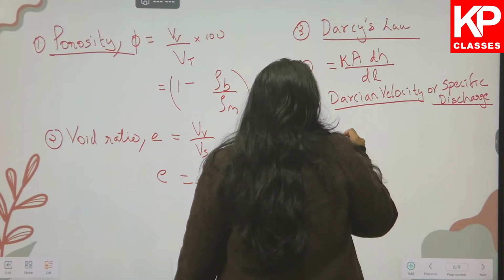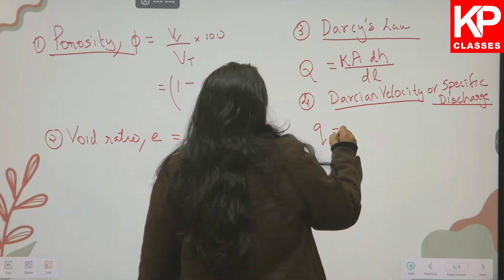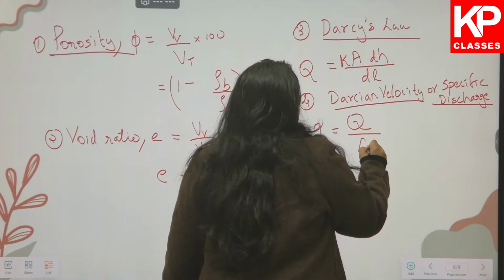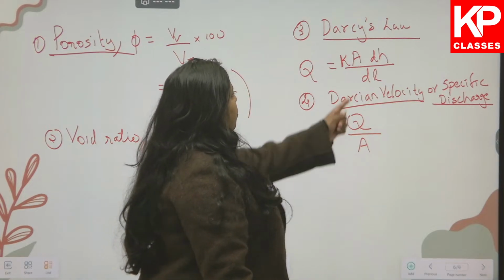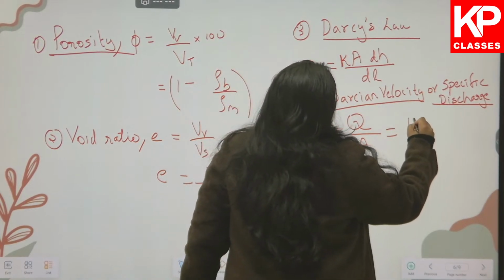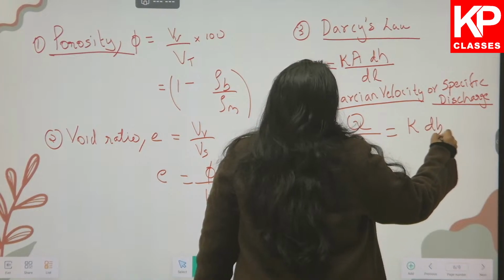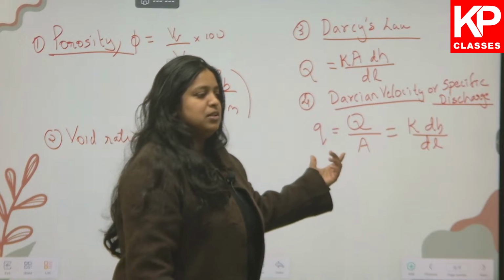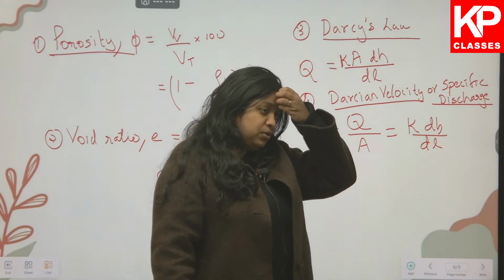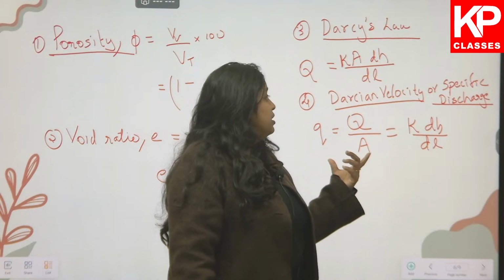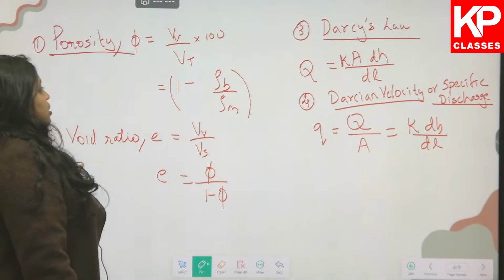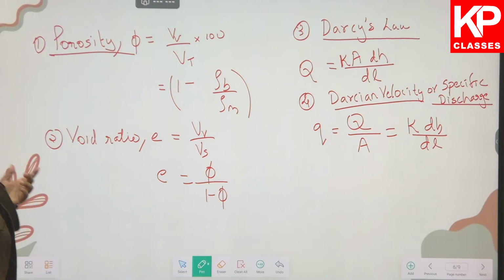Darcian velocity or specific discharge is notated by the small letter q, which is the discharge Q divided by the cross-sectional area A, so Q by A is equal to hydraulic conductivity into dH by dl. I hope it's clear for you. Darcy's law, porosity and void ratio related equations.